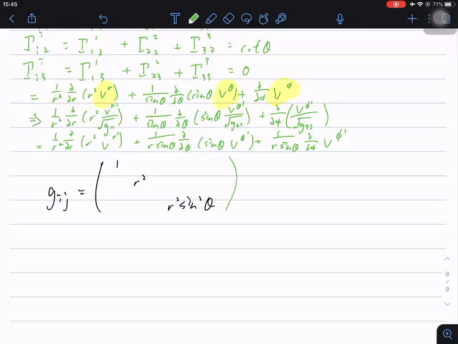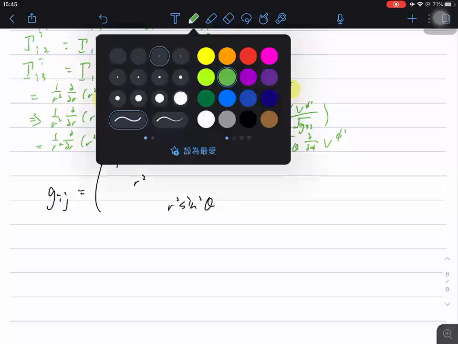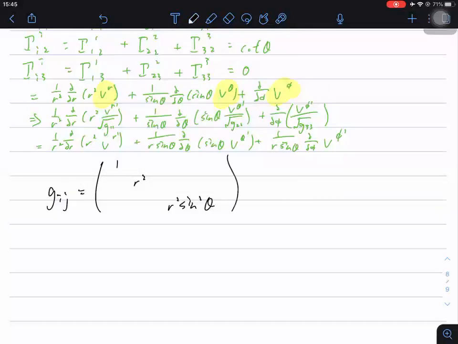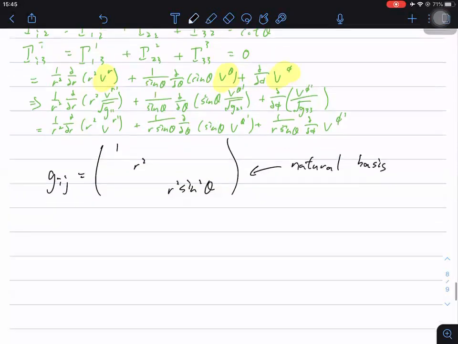Here, the metric we are using in all the calculation is 1, r squared, r squared sine squared theta. So the basis factors are not unit factors. So in that case, we are using a natural basis.